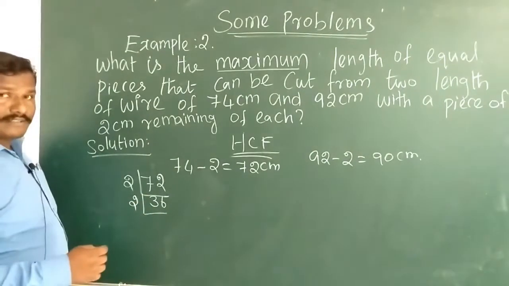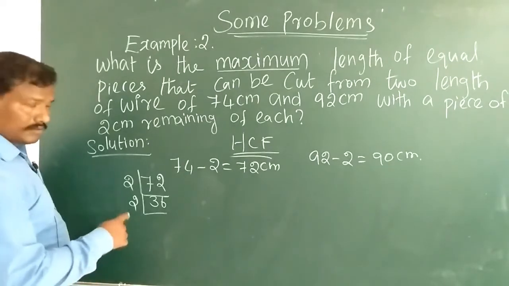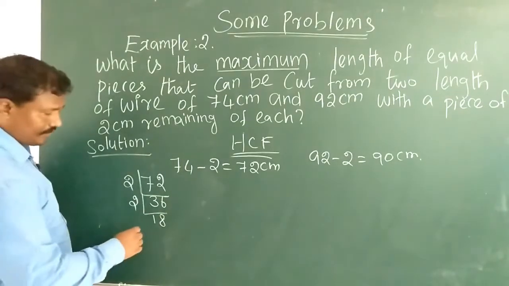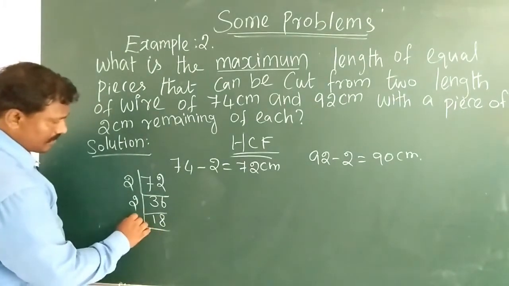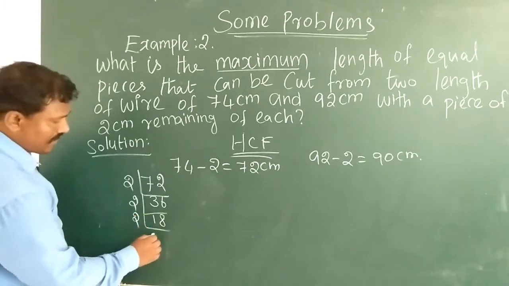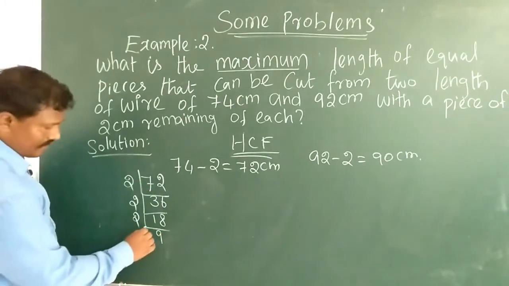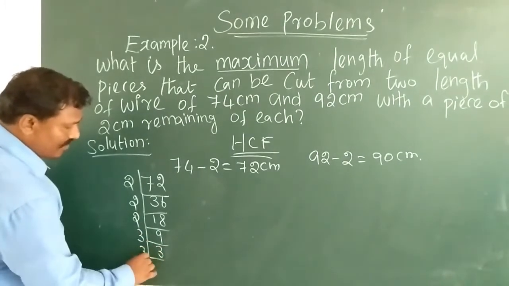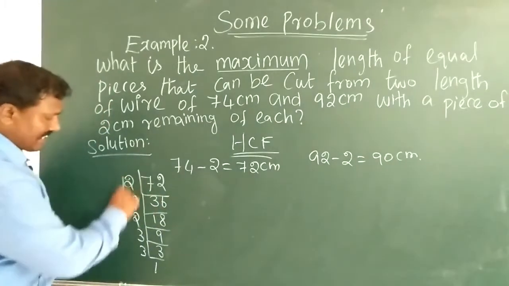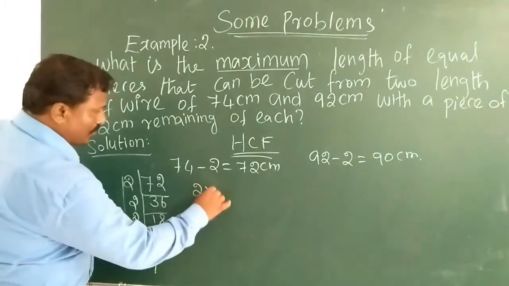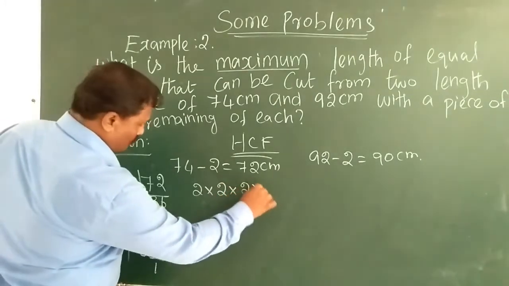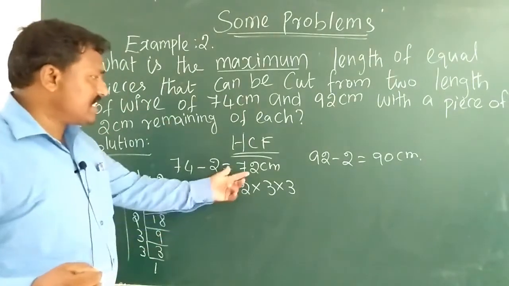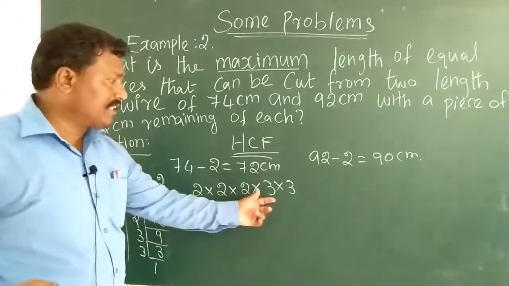Then 2 eighteens are 36. Then 2 nines are 18. Now 3 threes are 9. So if you collect and write the factors of 72: 2 into 2 into 2 into 3 into 3.